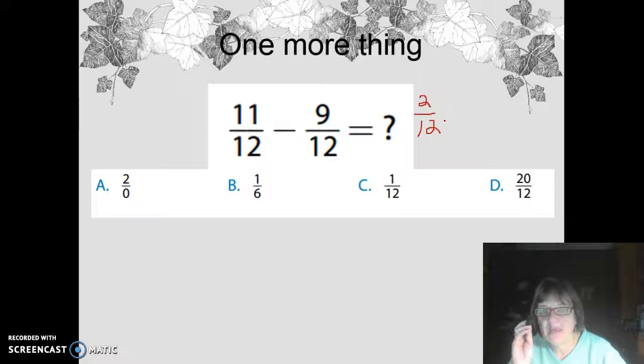If you take a look at my answer, 2/12, and think about it, you'll realize that a 2 and a 12 can both be divided by the same number, a 2. So if I divide my 2 by 2 and divide this one by 2, I actually simplify this down to 1/6.